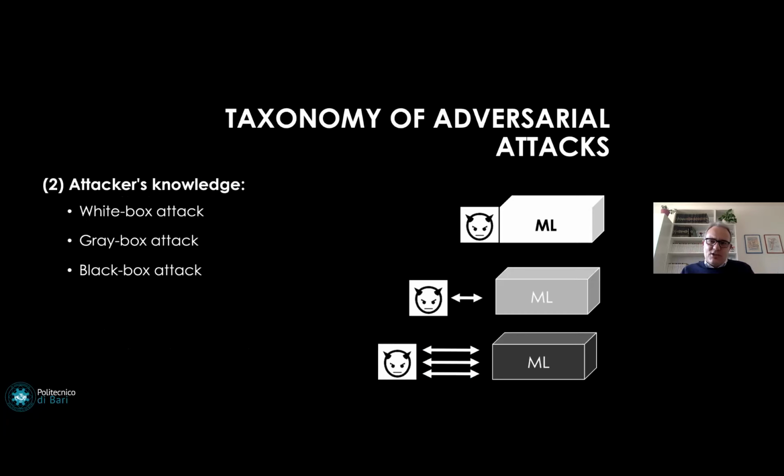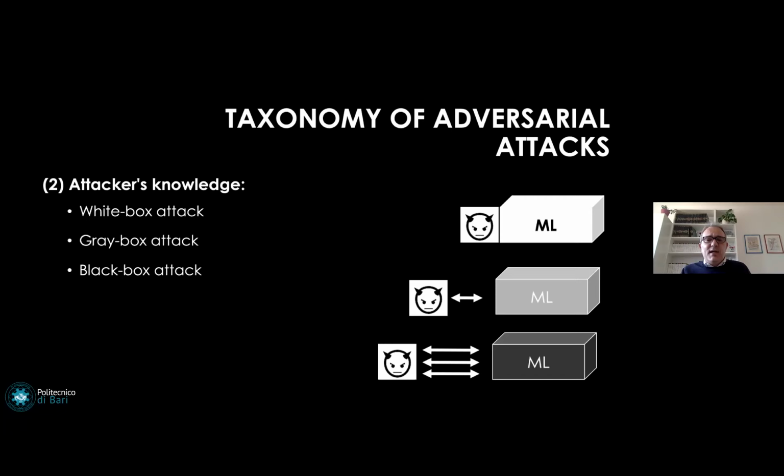Going back to this taxonomy of adversarial attacks, we have another point of view, so we can classify attack and defense strategies with respect to the attacker's knowledge. We can have white box, gray box, and black box attacks depending on the knowledge that the attacker has of the system. If the attacker has complete knowledge, so it has access to the parameters, the training data, and all the elements of the system, then we say that we are in a white box situation.